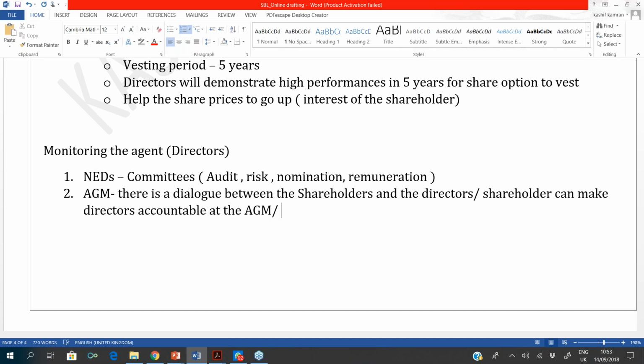They can reappoint them, or can remove them. We know directors are reappointed each year. So the shareholder can reappoint them each year, or remove them if they're not showing good performances. So once every year, the directors are subject to scrutiny and accountability.